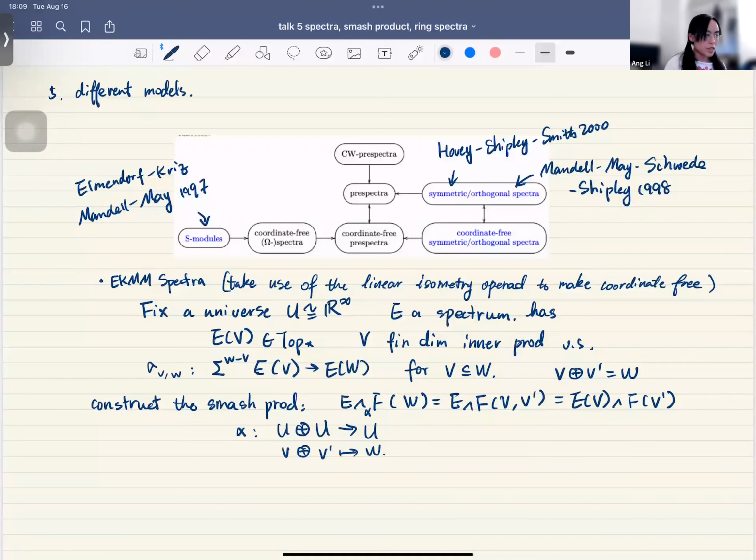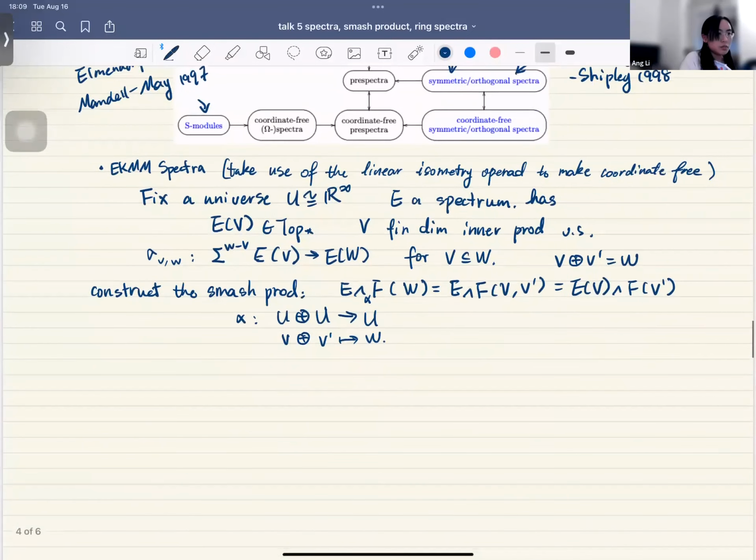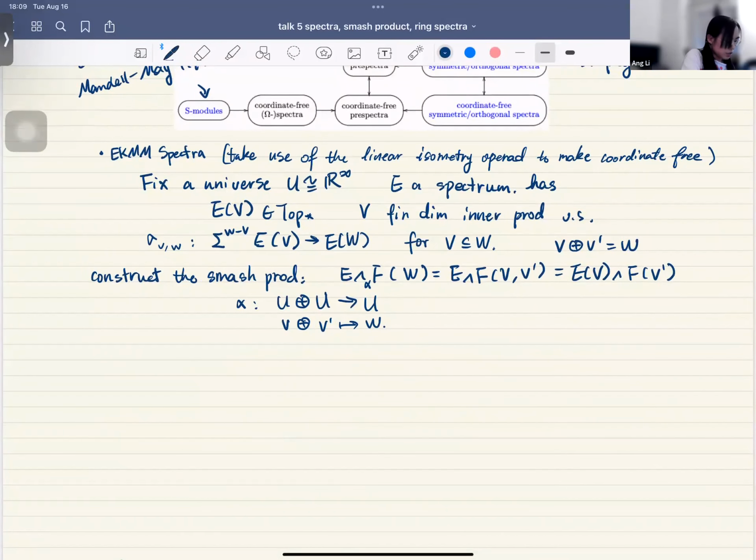So how? Well, here, let me briefly introduce the linear isometry operad. The nth level is defined to be the linear isometries from n copies of the universe to U. And there's one good thing about that, that is every level is contractible.